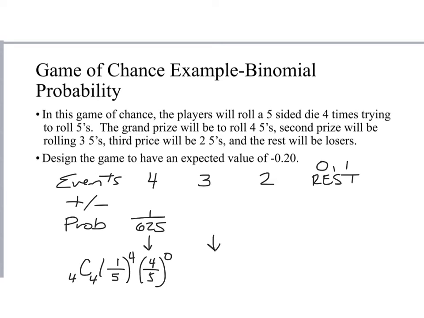Getting 3 fives would be 1/5 to the 3rd power, 4/5 to the 1st power. This would be combination 4 choose 3 or 4 choose 1. Either way is correct. And that probability as a fraction would be 16 out of 625.